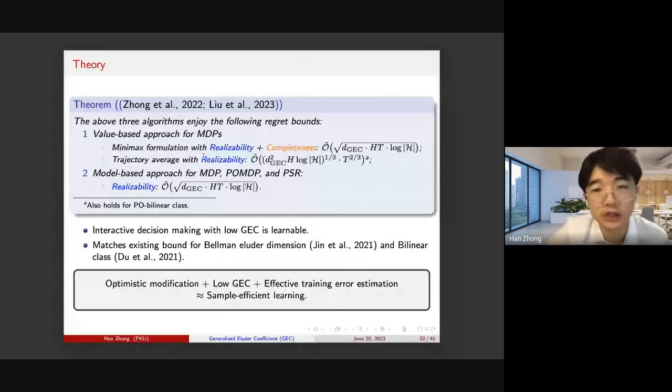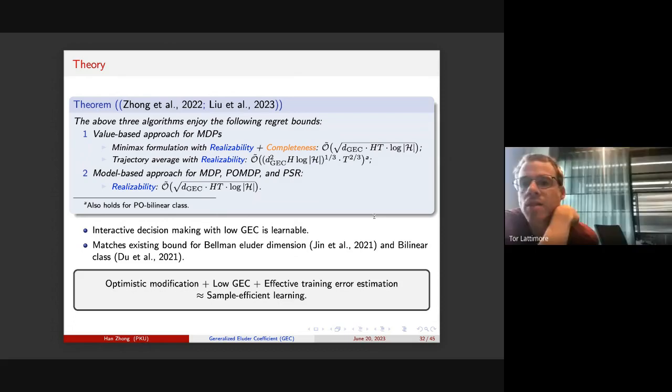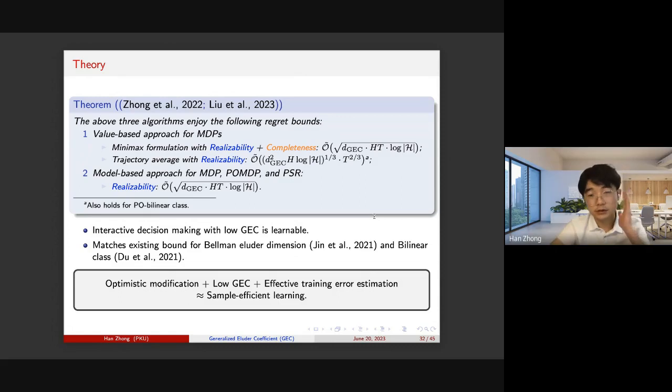If we only have the realizability, then we can obtain a PAC result of the order of 1/epsilon squared, then converting to regret minimization, it's T^(2/3). I think how to obtain the square root T regret for the bilinear class is still an open problem. I see. Yeah. Thanks. Okay, thank you for your question.